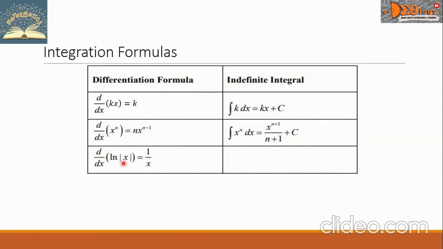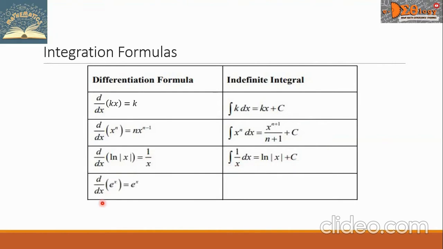The derivative of ln of the absolute value of x equals 1 over x. Now, the integral of 1 over x dx equals ln of the absolute value of x plus c. The derivative of e raised to x equals e raised to x.